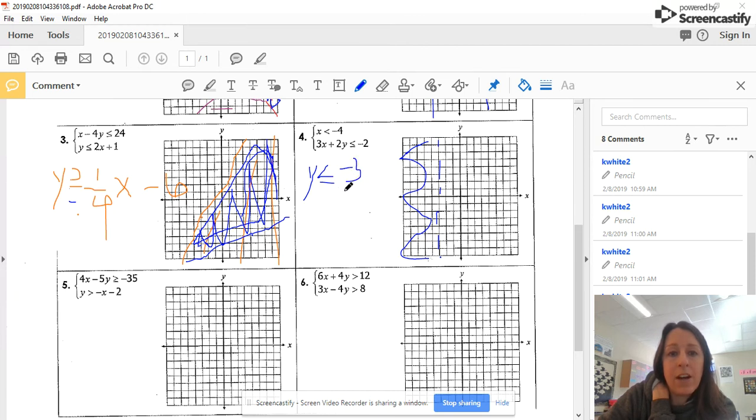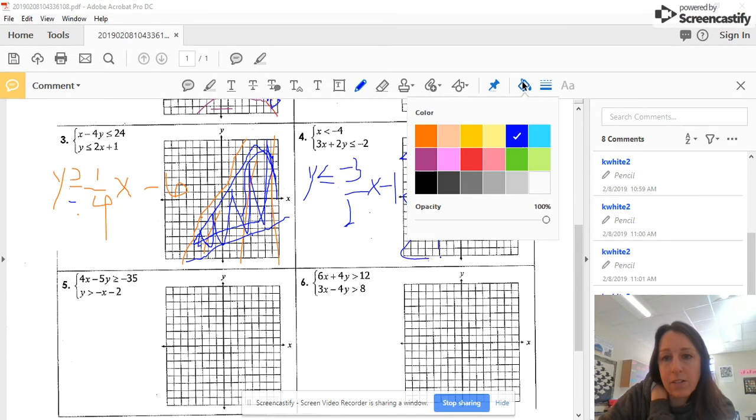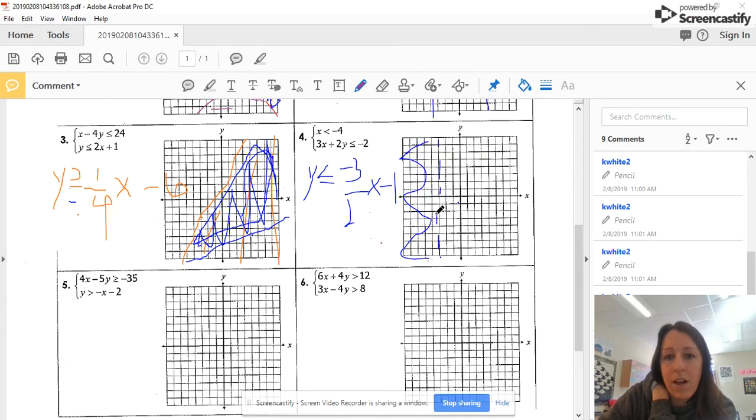We will not have to divide by a negative, so the inequality doesn't flip. All right, so down 1, and then down 3. I want to change my color. Down 3 over 2 with a solid line.